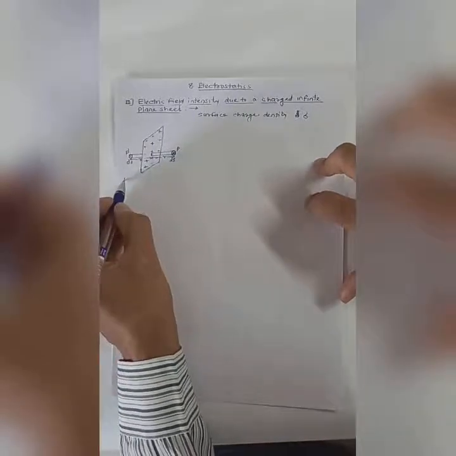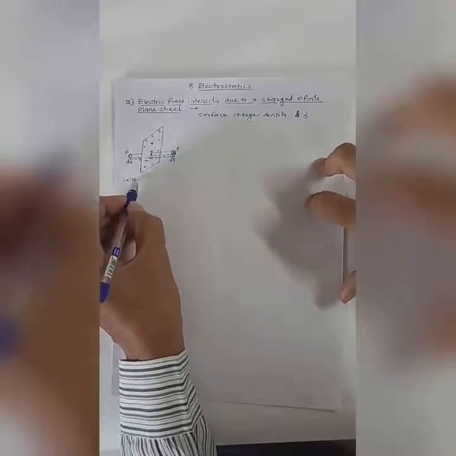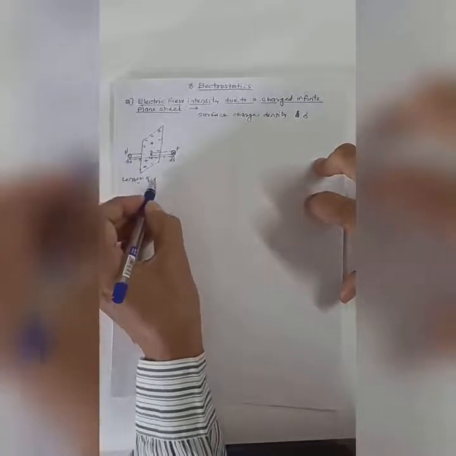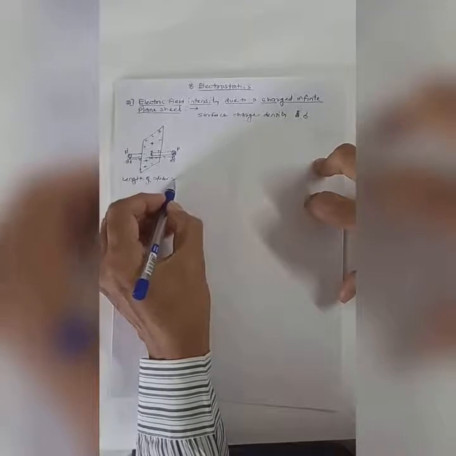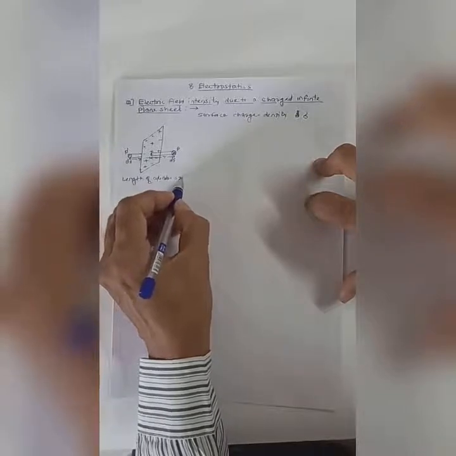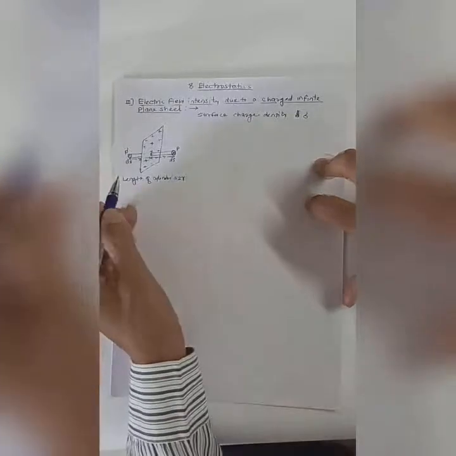This means the length of the cylinder is equal to twice r.